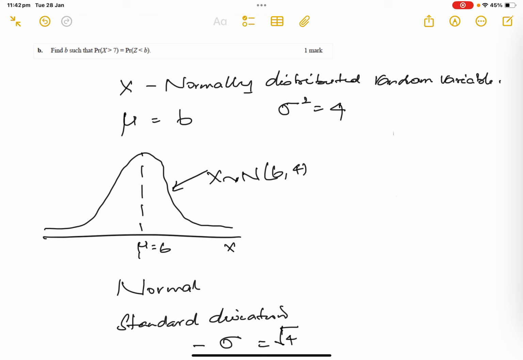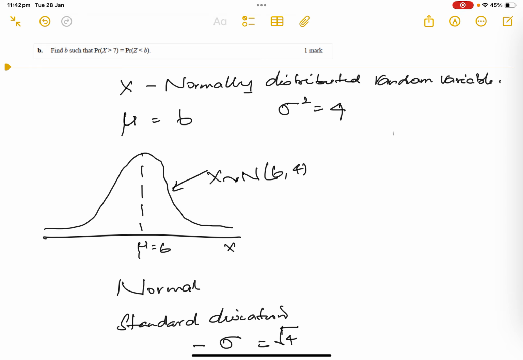The area under the bell shape is equal to 1. That represents the probability. The whole area represents the probability. So mu equals 6 is the symmetrical line.